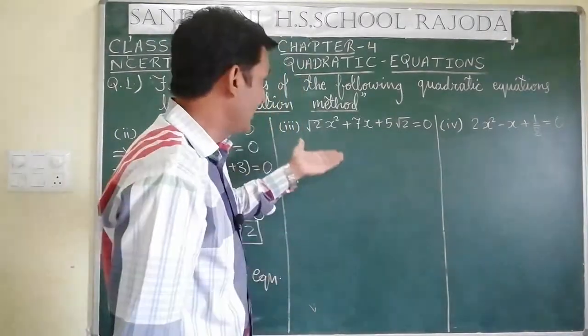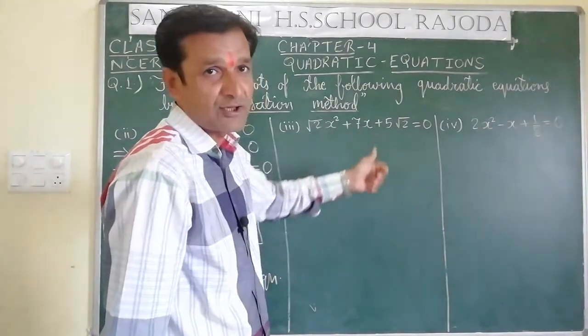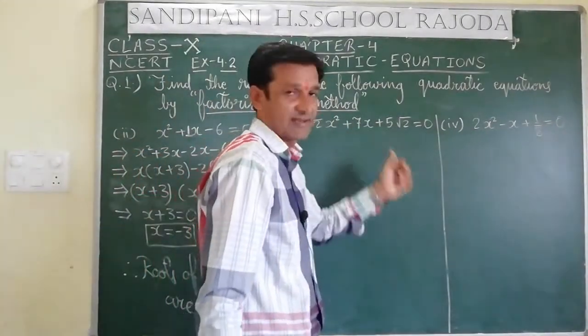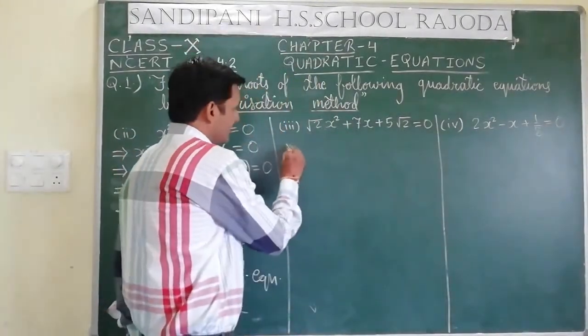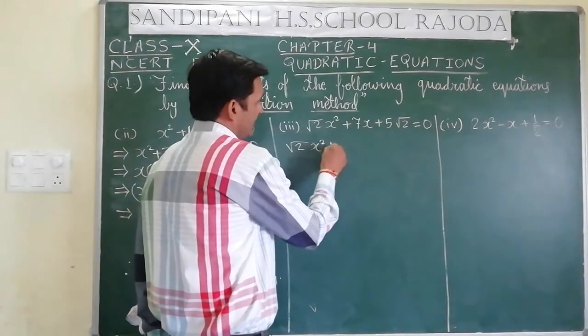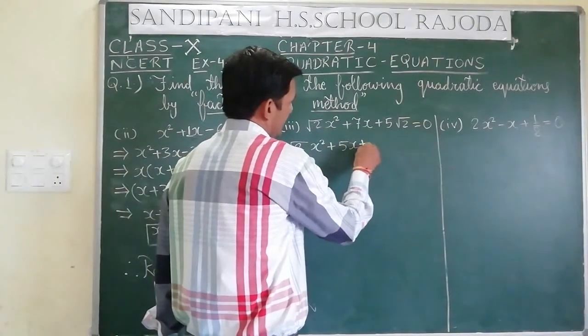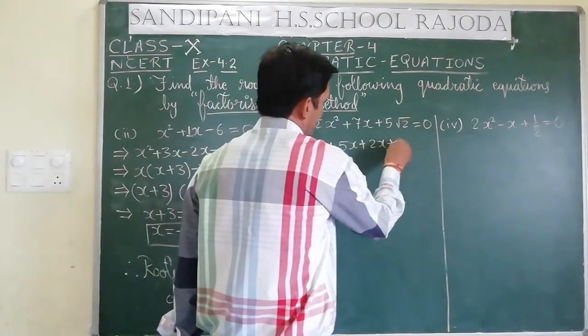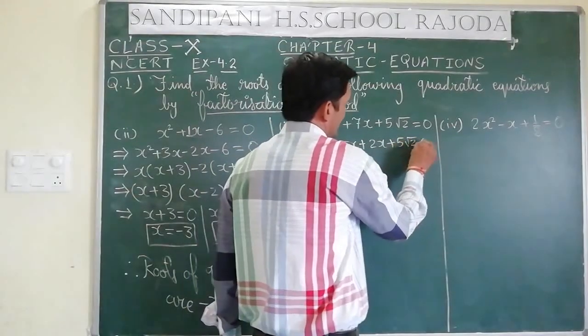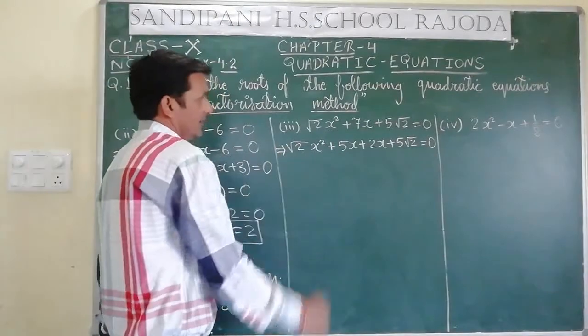So it is well clear from this that if we write plus 5x plus 2x, then it will be plus 7x. So from this we may write root 2x square plus 5x plus 2x plus 5 root 2 is equal to 0. Is this clear?